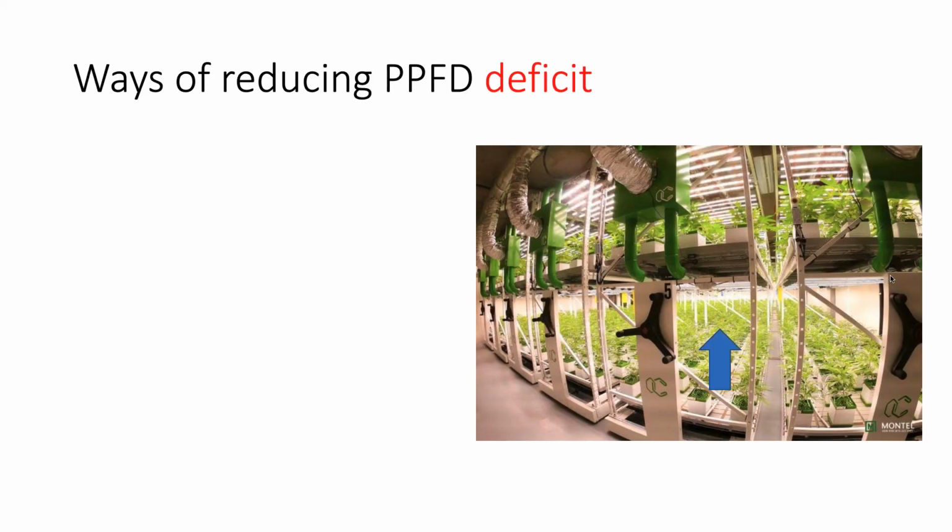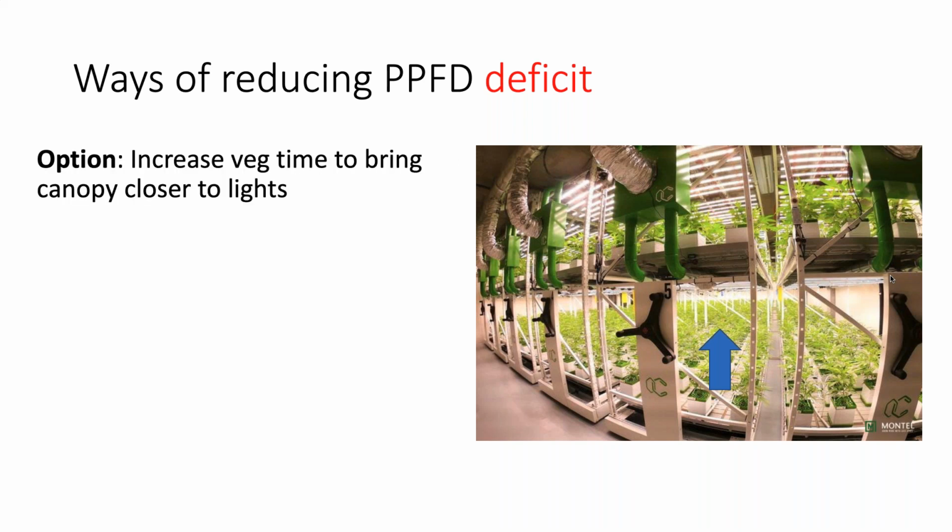Okay, so now let's think about ways, sticking with this example of the 650 watt light, that I can address this problem, address this deficit, reduce the deficit. One thing that I often see is that growers will veg their plants longer, right?